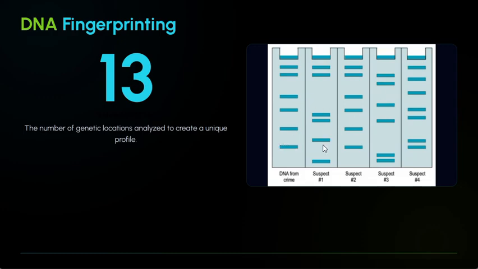It might not match completely, but whichever one matches the most is probably the likely suspect. And as you can see here, suspect 2 has basically the same locations, and this would match him with the crime scene, which would help the police catch him and prove that he was guilty for the crime.